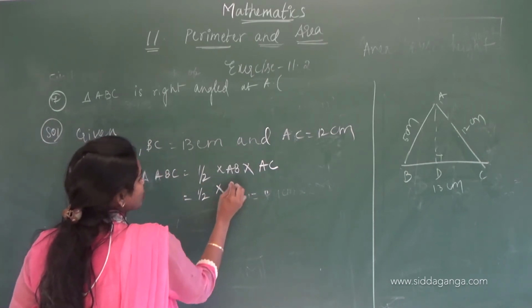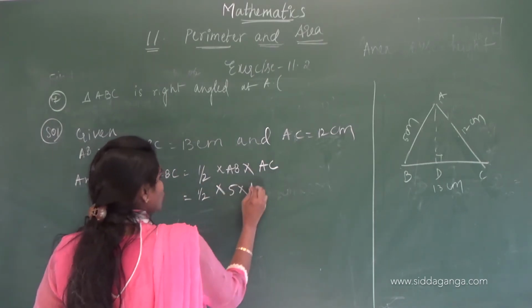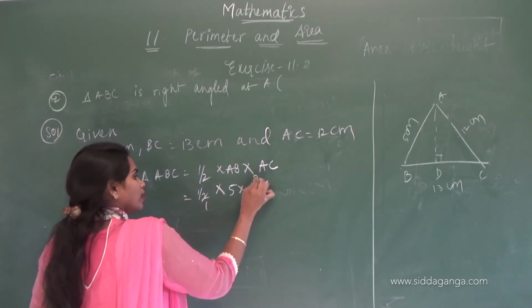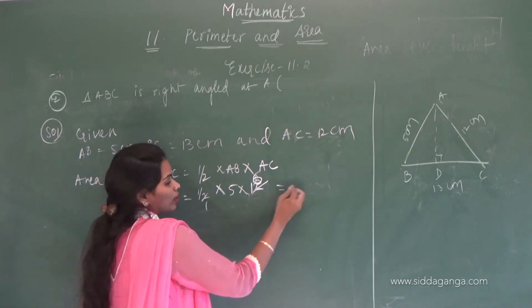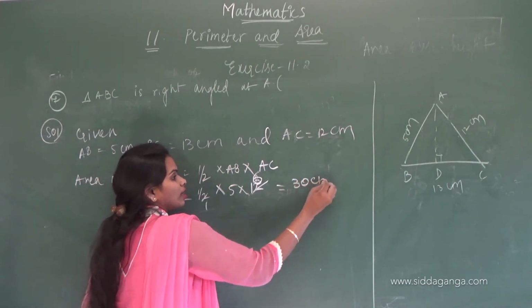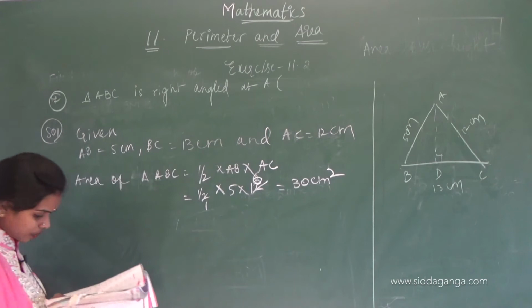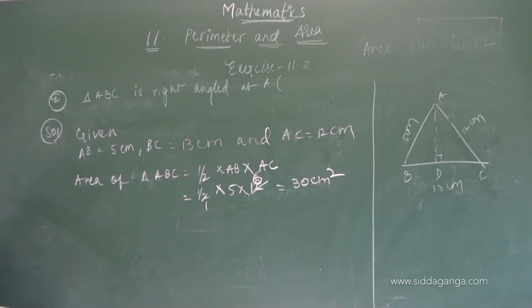We know that AB is 5 and AC is 12. Half of 12 is 6, and 6 fives are 30. The area is 30 centimeter square.